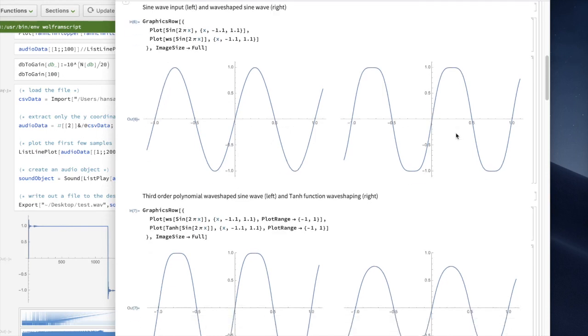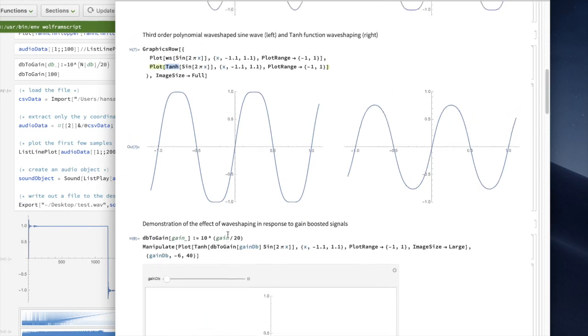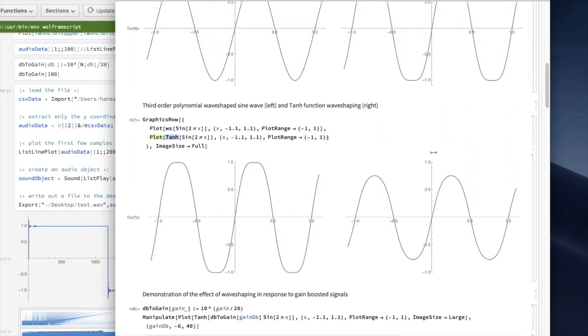Now another function that is useful for wave shaping is the hyperbolic tangent function. TANH is often the abbreviation of that, and that has quite a different behavior from this polynomial function. So this is the original polynomial function on the left, and the hyperbolic tangent reduces the volume quite a bit rather than boosting it, but it has a much softer clipping at the top.